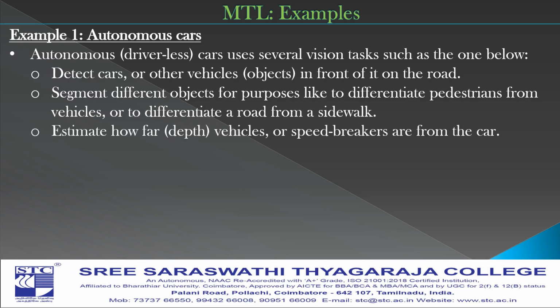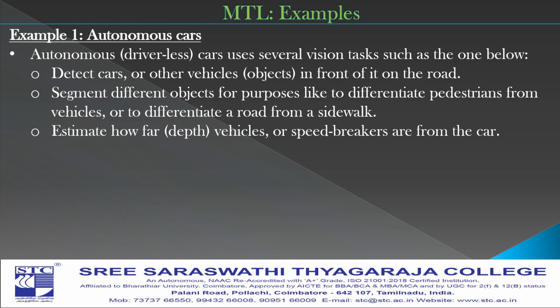One of the tasks could be to detect the objects on the road. What could be the objects on the road? They could be cars, pedestrians, or speed bumps, or what we call speed breakers in India. Another task is segmentation.